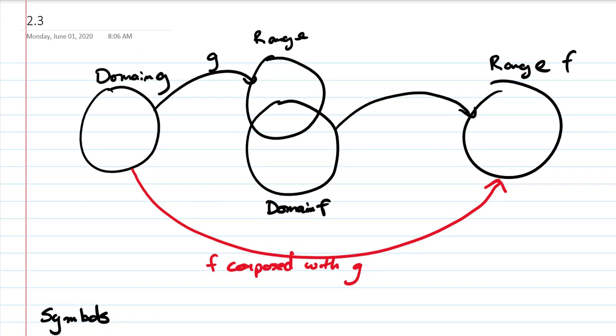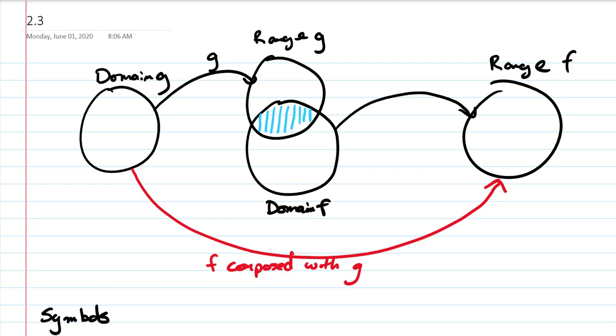So function composition was we started in the domain of g and we're going to end up in the range of f. So g takes things from its domain to its range, and f takes things from its domain to its range. But for the composition to make sense, the range of g has to overlap with the domain of f.